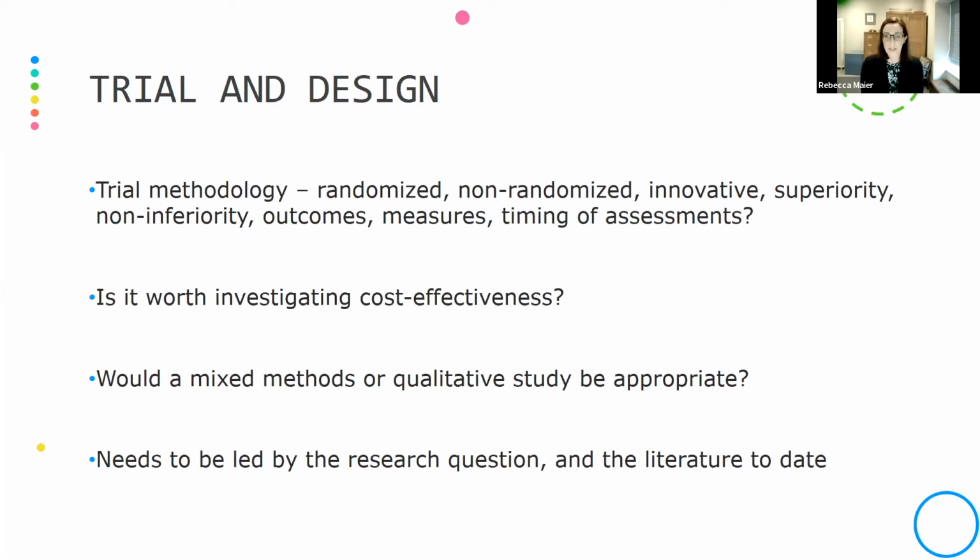And of course, all of this needs to be led by what it is that you're trying to answer. What's the research question? And importantly, what's gone on before? So what's the literature saying? What's the data that you've got to date saying? And that helps to drive the trial and the trial design.